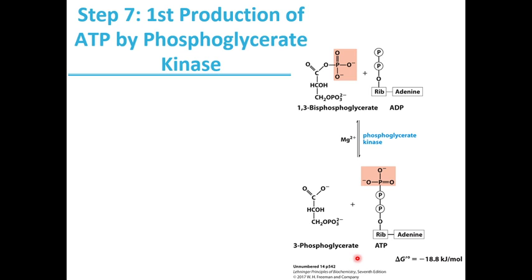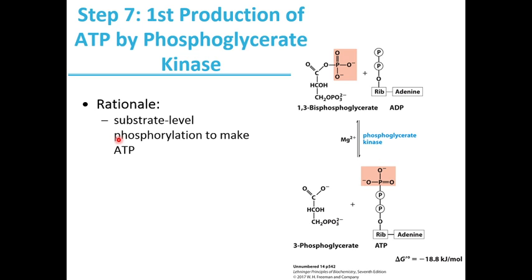This is catalyzed by the enzyme phosphoglycerate kinase, and it uses magnesium as a cofactor, which binds ADP and results in ATP. The rationale for this reaction is that it's substrate level phosphorylation to make ATP, the first step in glycolysis that pays off.